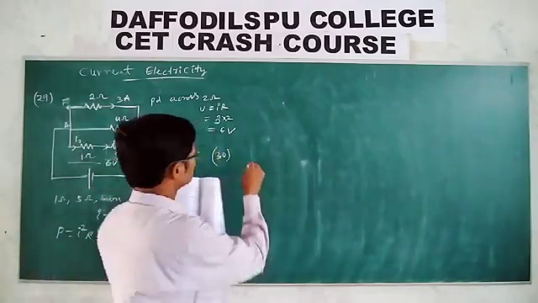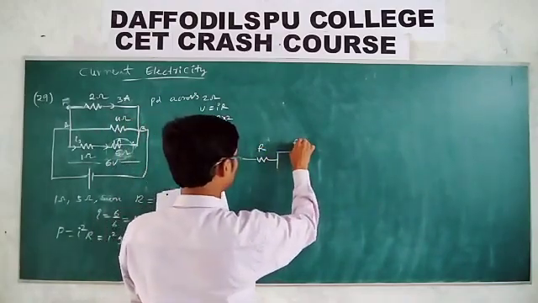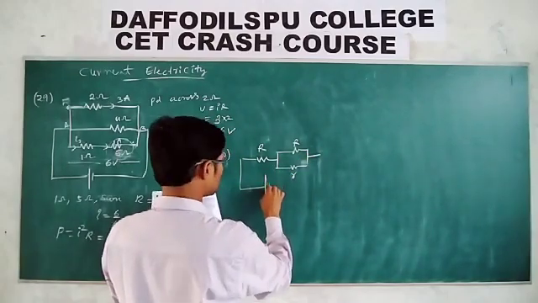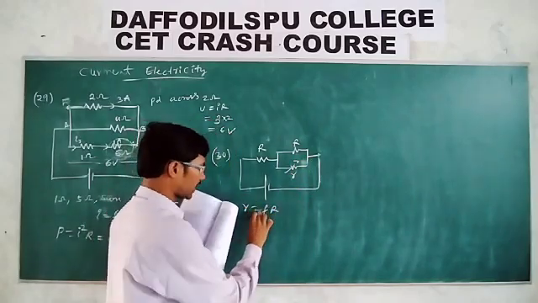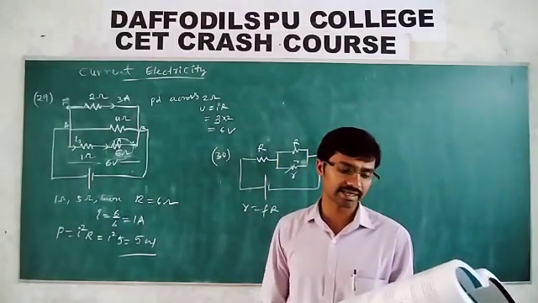In the circuit shown, the resistance R is a variable resistance.